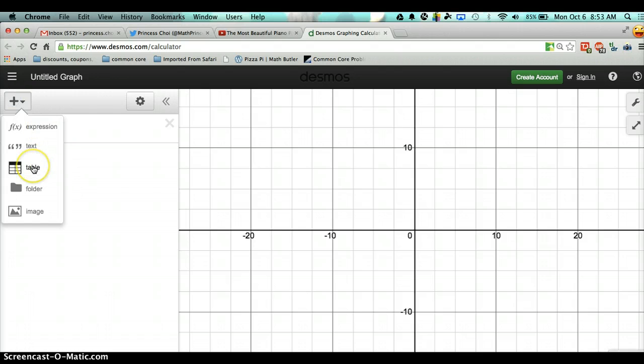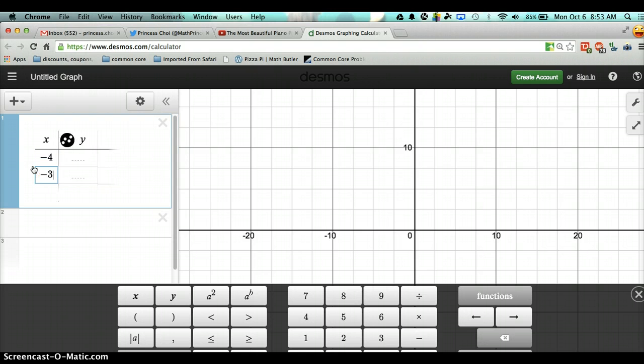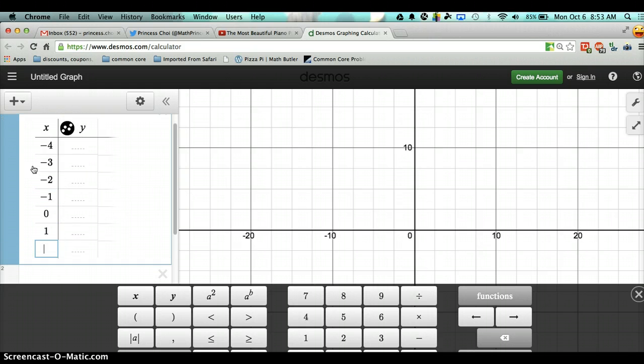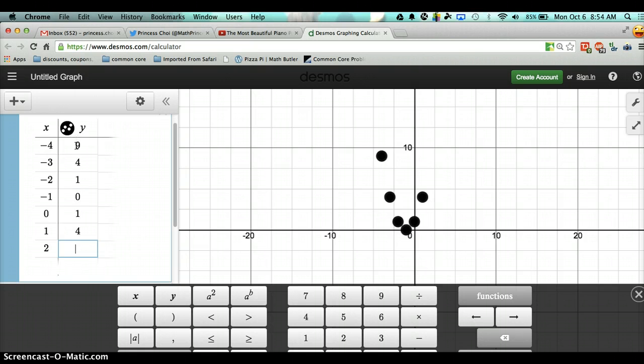So I'm going to put in a table, and we have to get used to doing all this, right? I'm just plugging in the numbers that I see in the question. Okay, so now here are my dots. I am done with my graph, right?